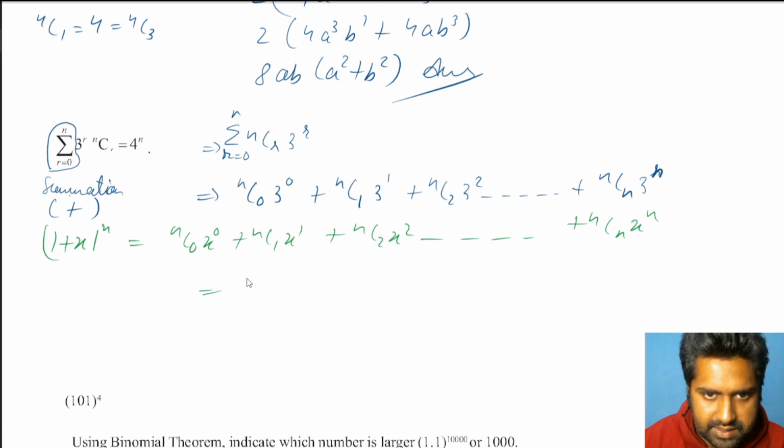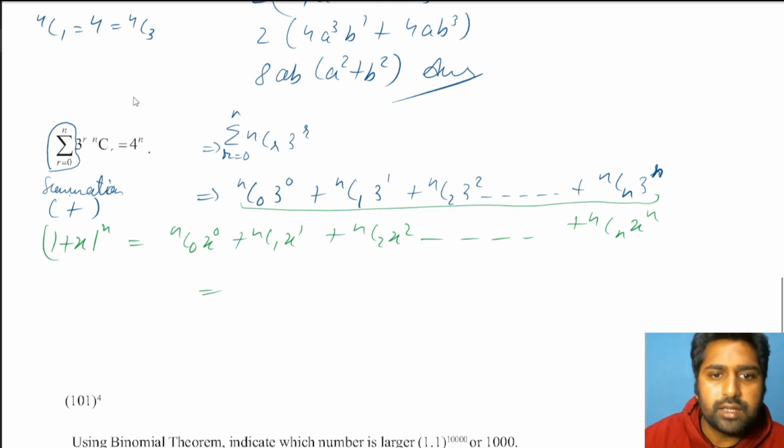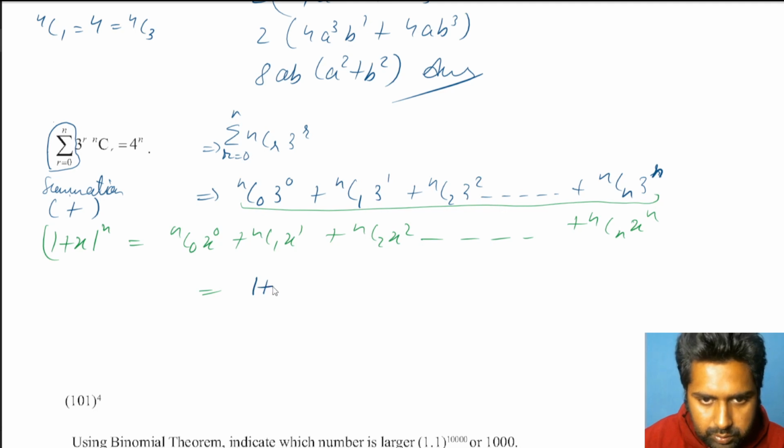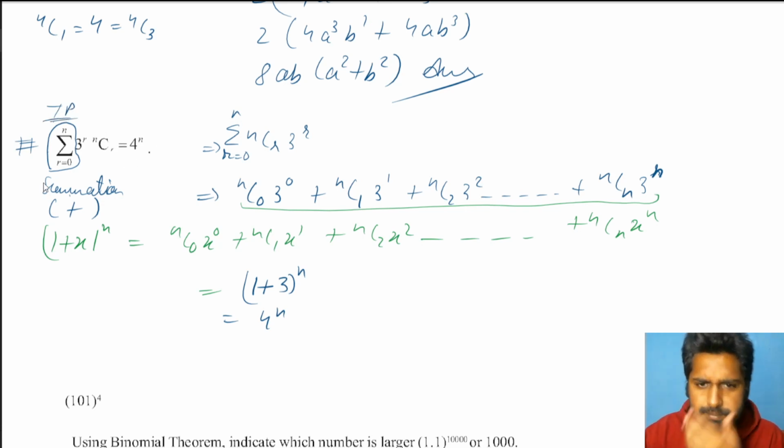So that means this whole expression can be rewritten as 1 plus 3 raised to power n, which is 4 raised to power n. This was the proof question, that this expression equals 4 raised to power n, and we have proved it. Okay, so relating it with this is simplifying this question at a higher level.